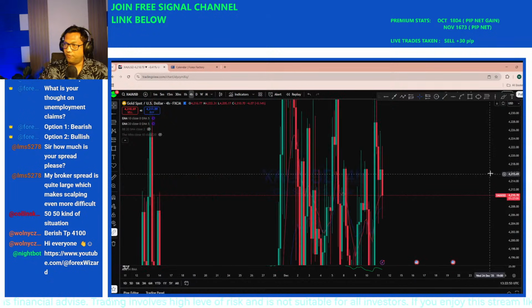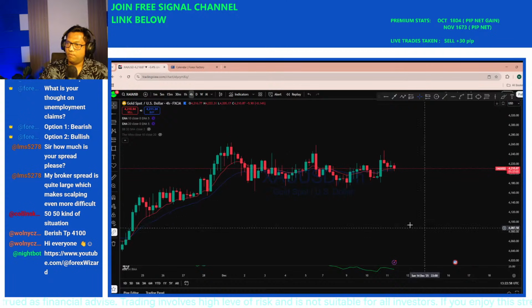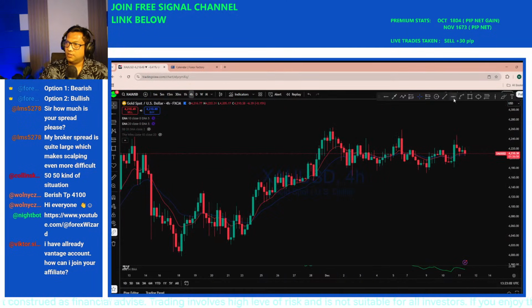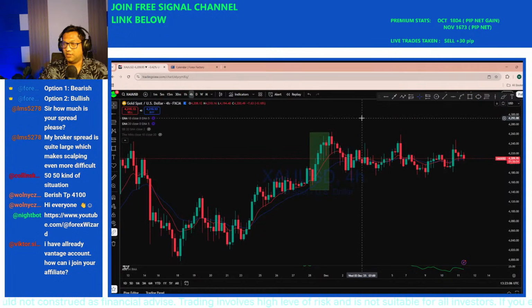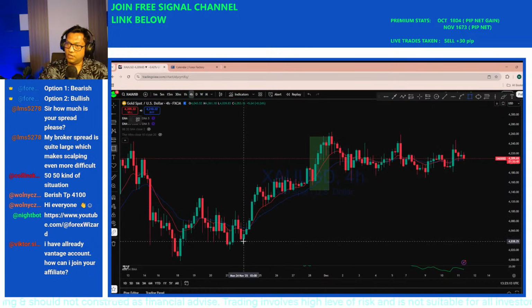So again, going to the 4 hour, you can see how the market structure has formed. There is only one trend here. This trend formed, I think, the week before, on Friday, and there's another one here.